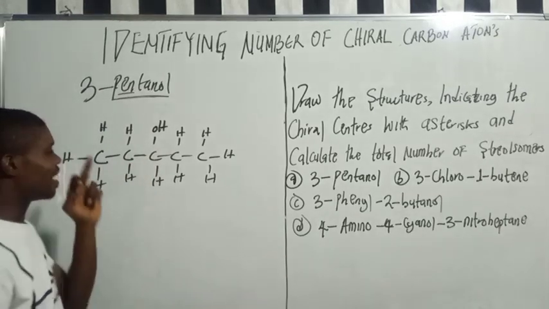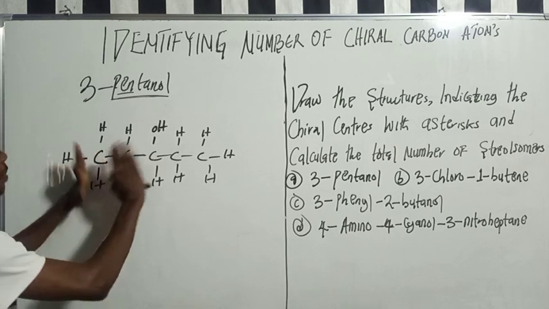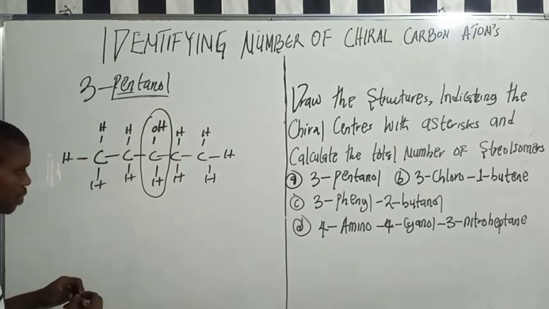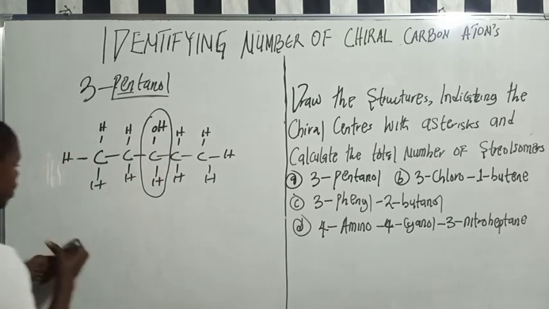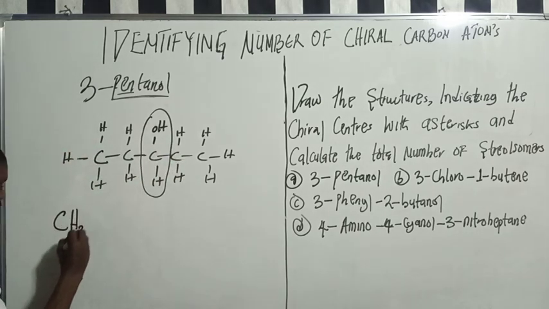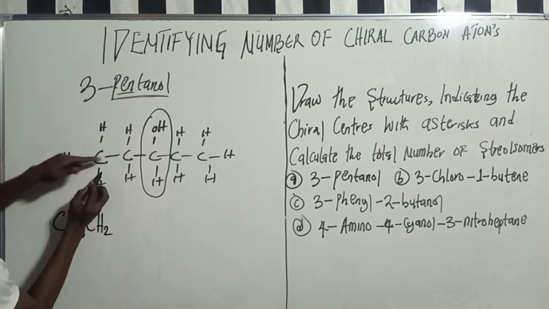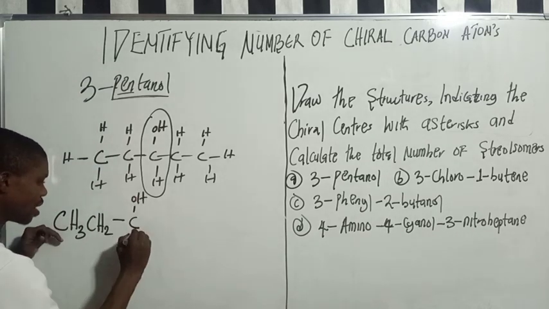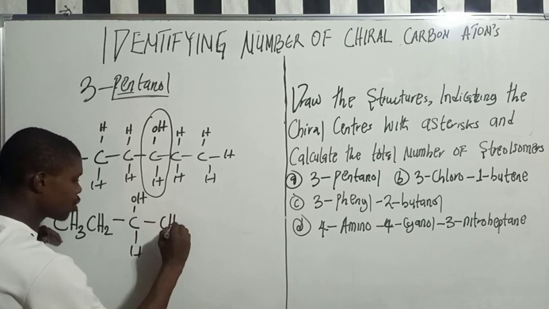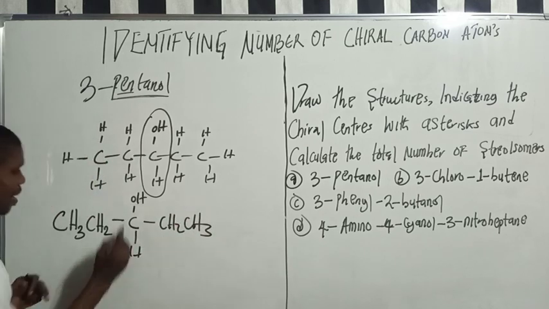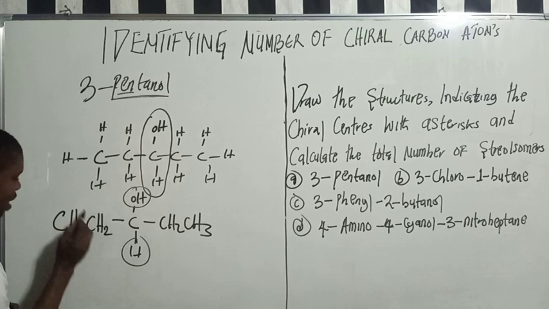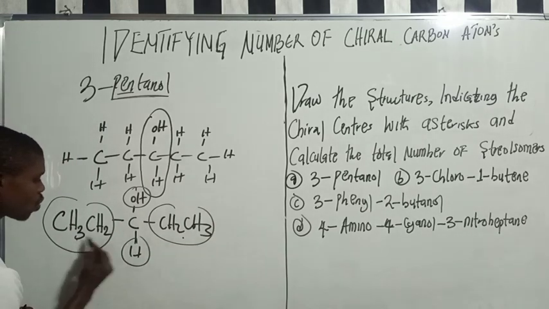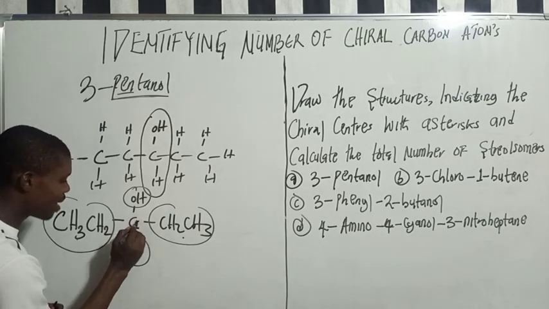Let's see if this carbon is a chiral carbon. Look at it: one side is CH3, CH2, and the other side is also CH2, CH3, with the OH and hydrogen. Now these two are different from OH and H, but these two groups are the same, so this carbon cannot be a chiral carbon.